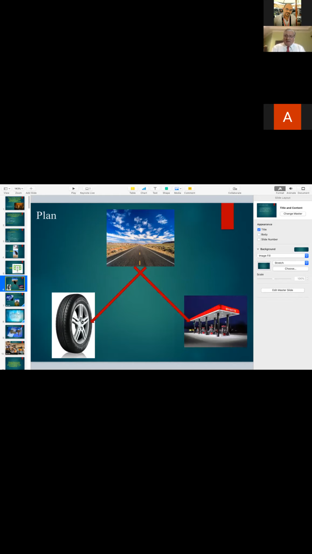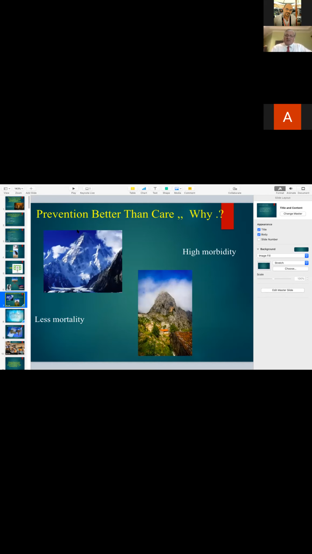Always plan, starting pre-operatively and intraoperatively, to reach a safe end result. Don't do anything without planning, so you can reduce your complications, morbidity, and mortality.